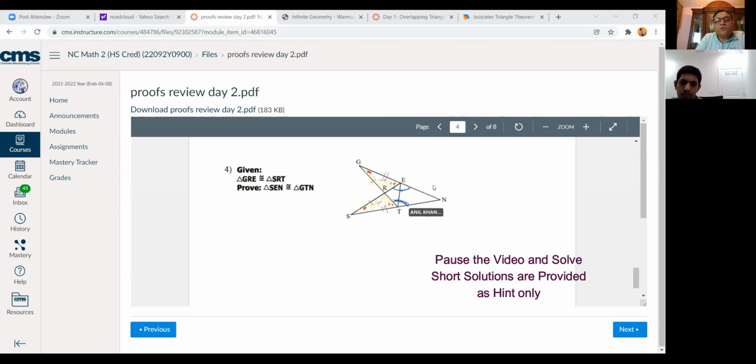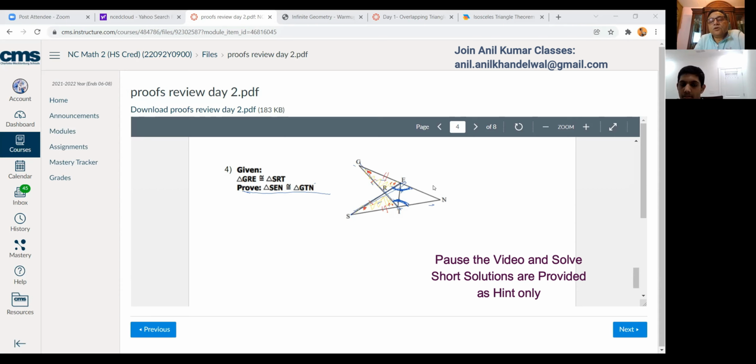So when you go for the triangle SEN, big triangle, this angle is equal to GTN. So GTN is equal to that angle. So we have identified these two as equal angles, correct? And we already know that these two sides were equal, corresponding. So therefore, the length SE is equal to GT, right?